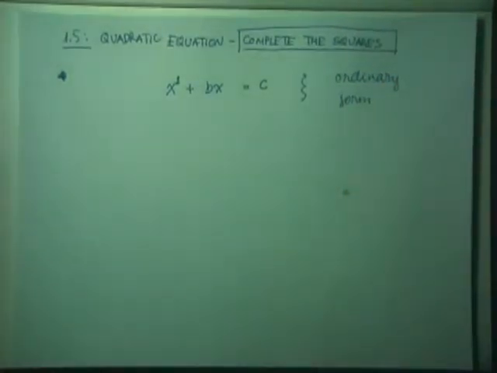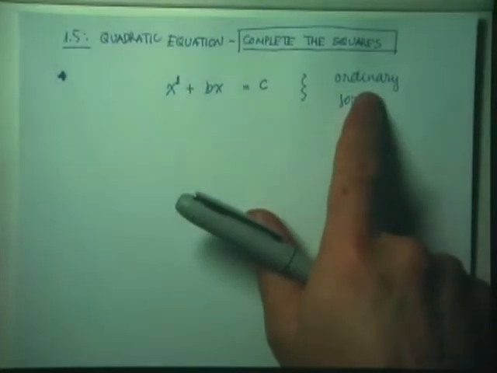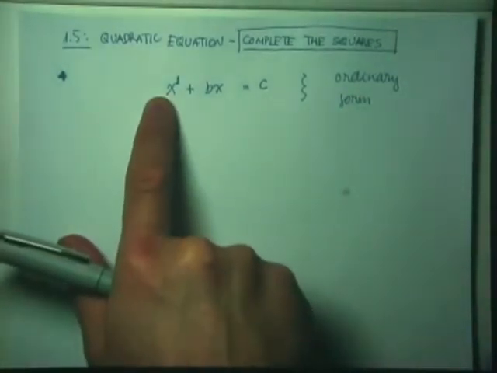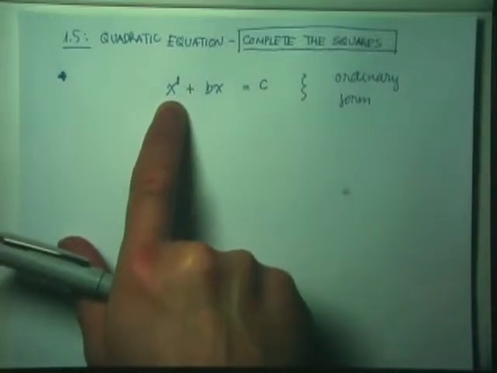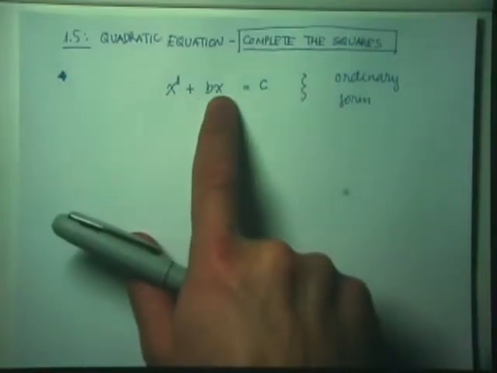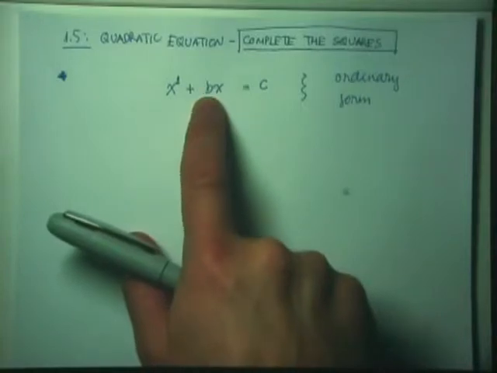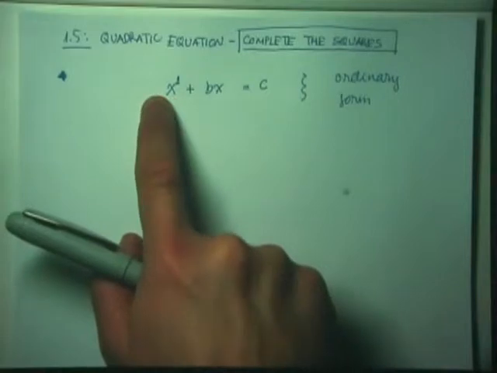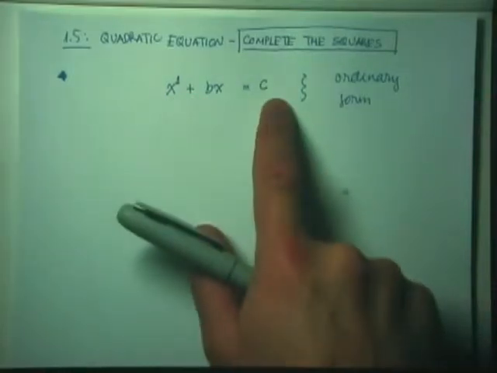Now, notice the special thing about the ordinary form is that the leading coefficient must always be a 1. Here you can see that I have a lonely x squared term, leading coefficient 1. Whatever the coefficient for b is, I don't care. You have a bx term, an x term with whatever coefficient, but the x squared term must be strictly coefficient 1, with some number on the right hand side.